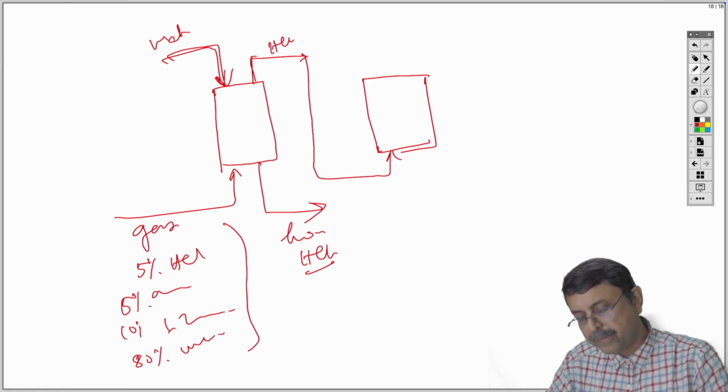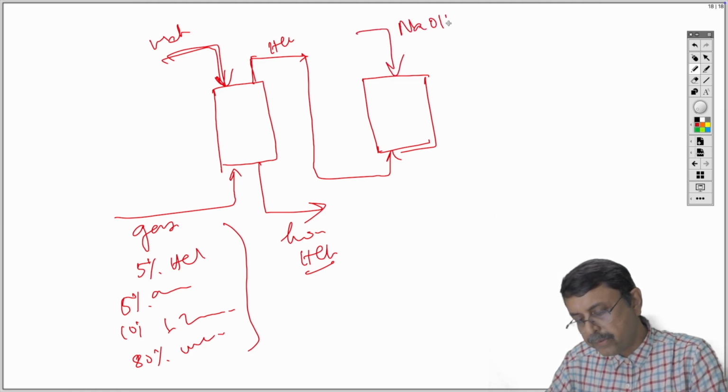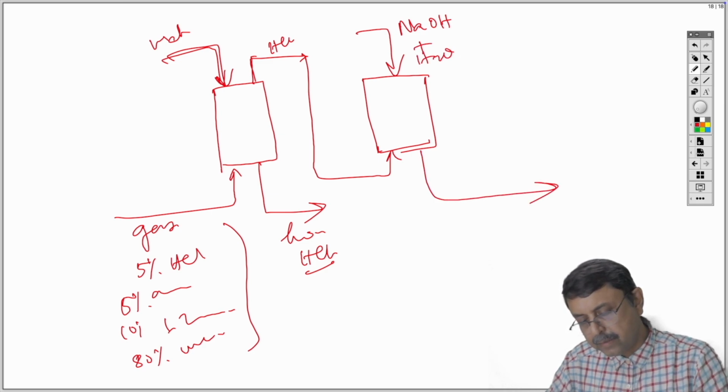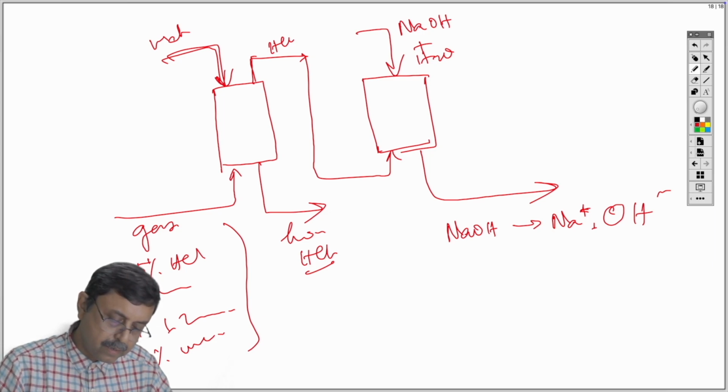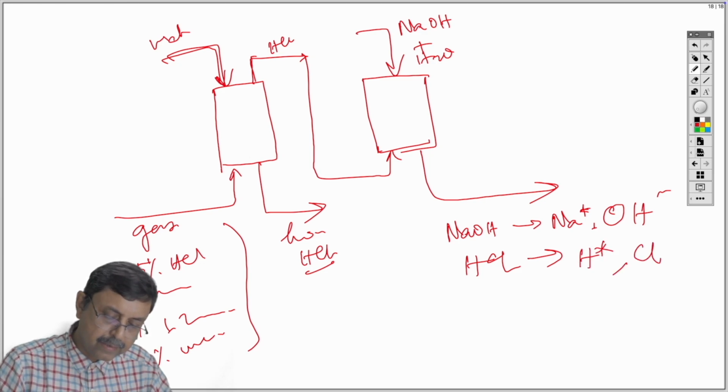through the second absorber. Here we are having some solution of NaOH in water, and this liquid NaOH will produce Na+ and OH-, okay, and we will carry HCl over there, so HCl will produce H+ and Cl-.